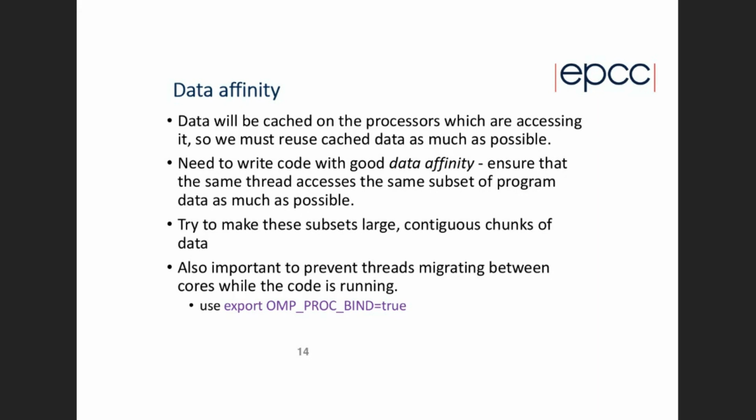So we need to write code with good data affinity. We want to ensure that the same thread accesses the same subset of program data as much as possible. And it helps to try to make these subsets reasonably large, contiguous chunks of data, for reasons that I'll come on to in a minute.